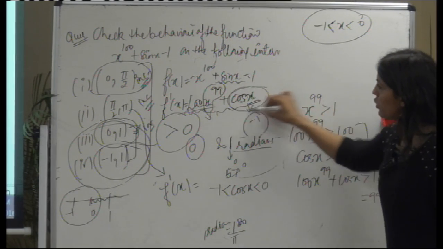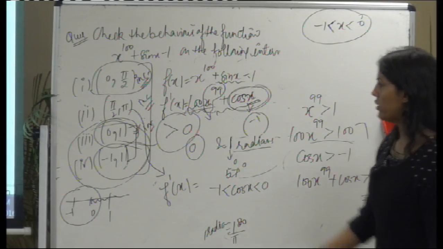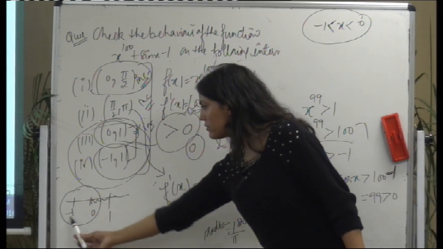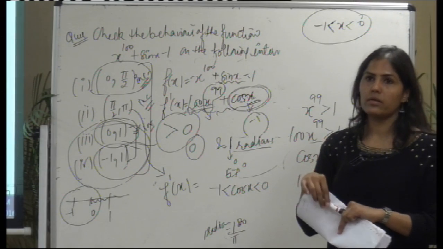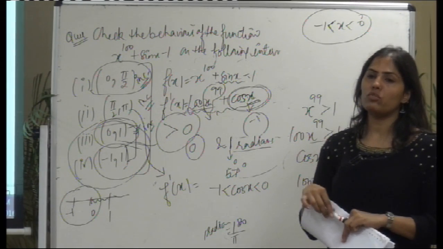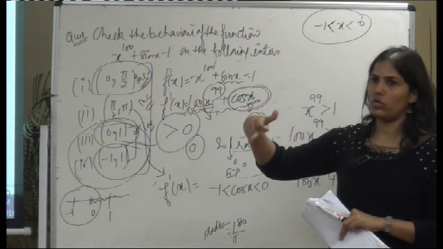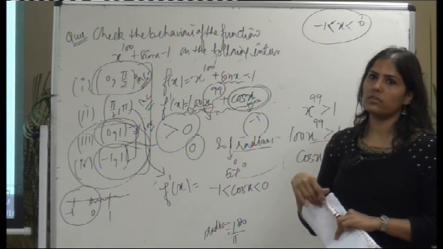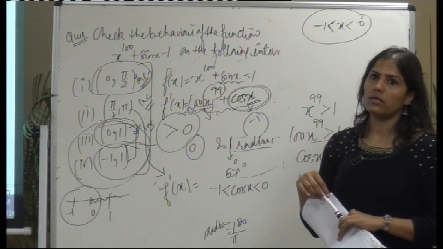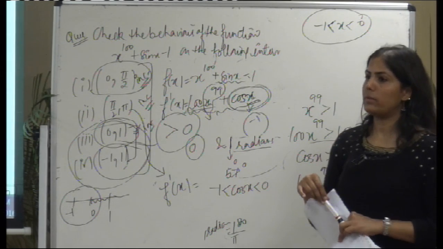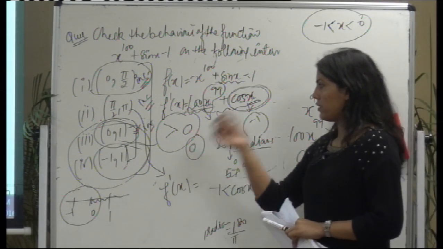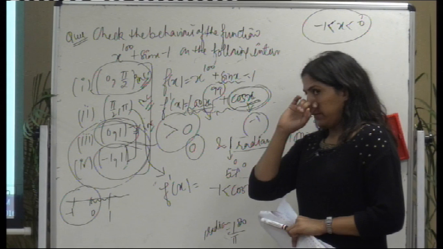What about cos x now? Change it again to degrees and see which quadrant you get.